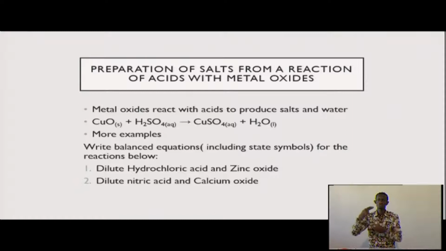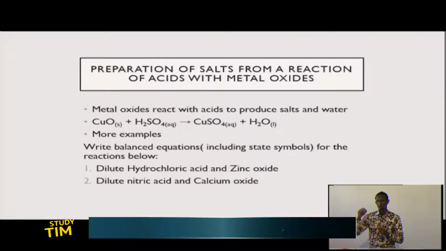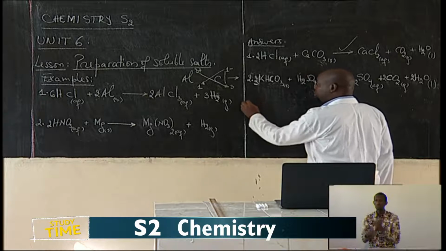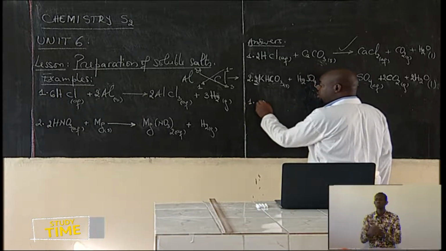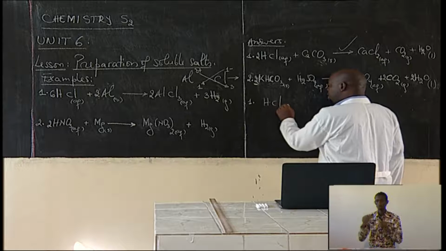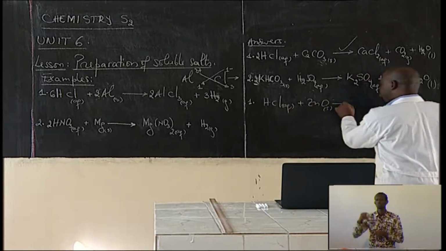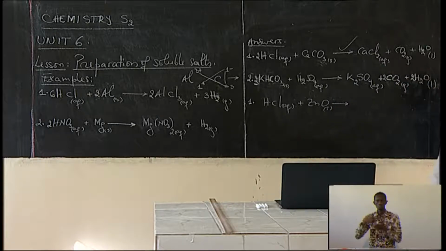We have 2 examples you have to try. We have dilute hydrochloric acid plus zinc oxide. What do we get? Let me do this one for you, and you try the second. HCl aqueous plus zinc oxide. What will be produced?